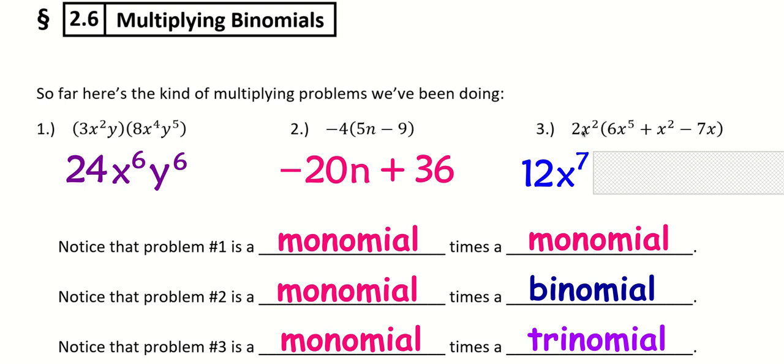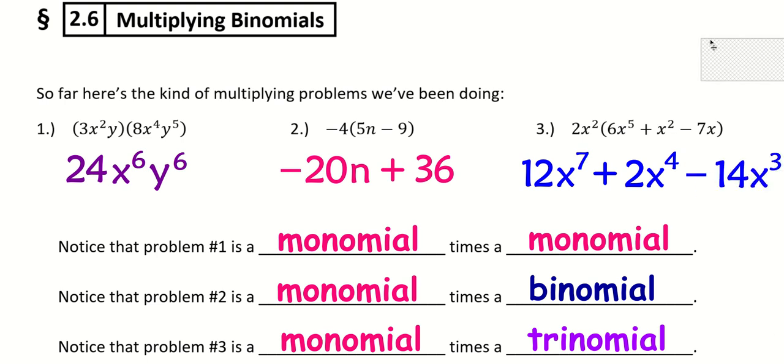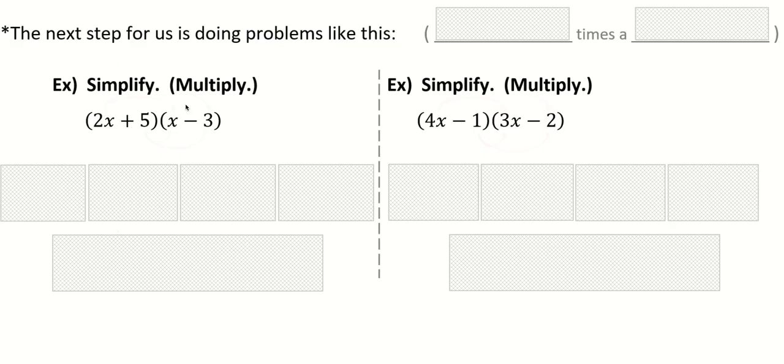And then 2x squared times x squared is 2x to the fourth, adding those powers, and then 2x squared times -7x is -14x to the third.